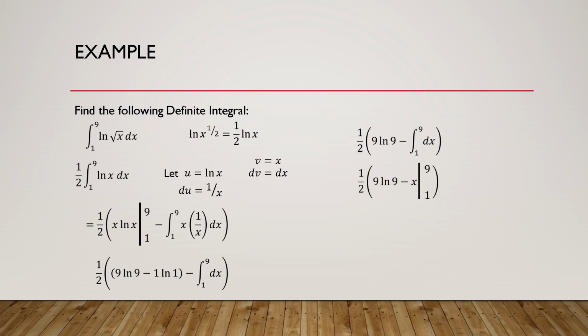When we take the integral, we get 1/2 the quantity of 9 natural log of 9 minus x evaluated from 1 to 9, or 1/2 the quantity of 9 natural log of 9 minus 8. We then distribute to get our final answer, 9 over 2 times the natural log of 9 minus 4.